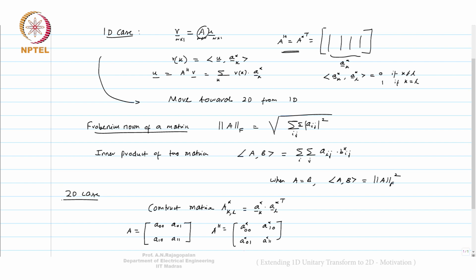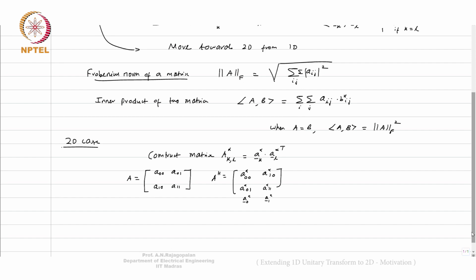So for us, this is A0 star and this is A1 star. If you had 3 cross 3, you would have had A1, A2 and so on. I'm just taking the smallest case, for which we can easily write things out. The rest you can always code in MATLAB, take whatever size you want, and show that all that I say for a 2 cross 2 will hold. You can't show all that here; it will become messy.